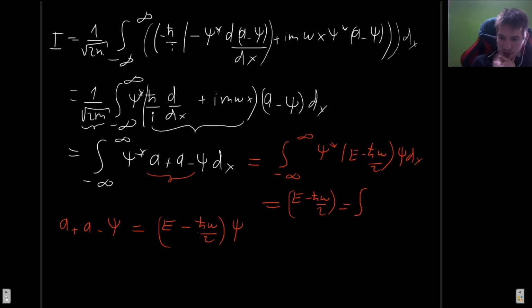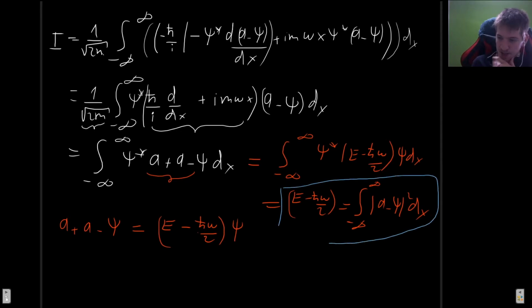Okay, so what we saw was this integral from minus infinity to infinity of a minus psi squared dx. So this is our result, and as we can see, this is indeed non-infinite. It's finite.